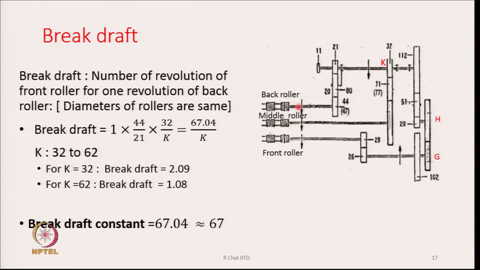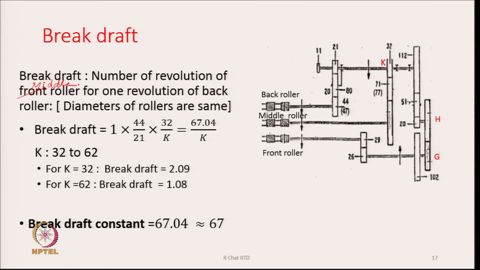Now, the break draft is between the back and middle roller. So, in this case we will be interested to know the number of revolutions of the middle roller for one revolution of the back roller.